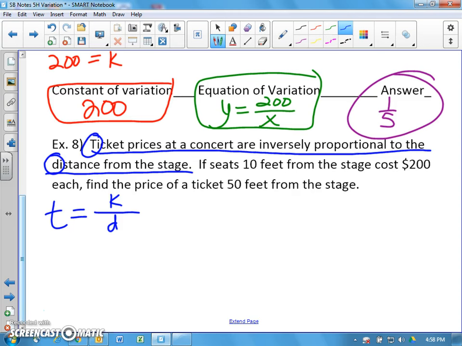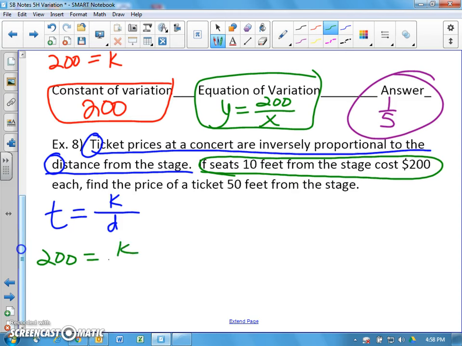Make sure you got your K on top of your D. If seats are 10 feet from the stage, this is the information that's going to give us our constant of variation. Okay, seats are 10 feet from the stage, those cost $200. So the ticket cost is 200 when the distance is 10. When we solve, this is going to give our constant of variation a value of 2,000.